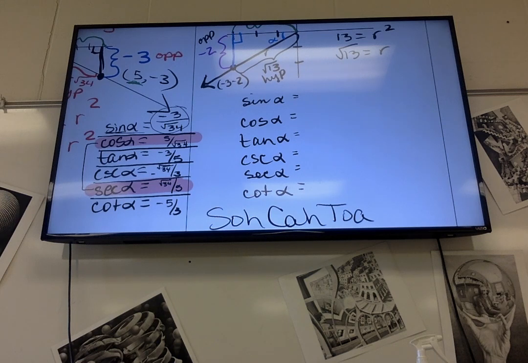Okay, Donna, what's the sine of alpha? -3 over square root of 13. Tangent. Shelby? -2 over -3. Yeah, so it ends up being positive, right? Negative over a negative is a positive.